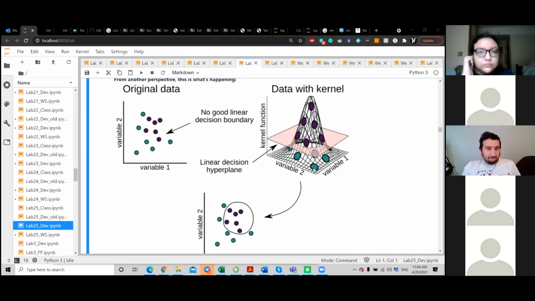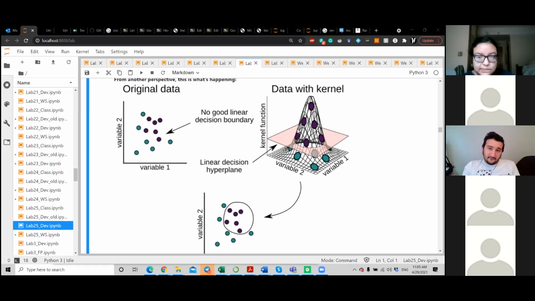Yes. So if I do that, my problem is solved because my goal was to come up with a hyperplane to separate purples and greens. And in the three-dimensional space that I have thanks to my kernel, I can do that.